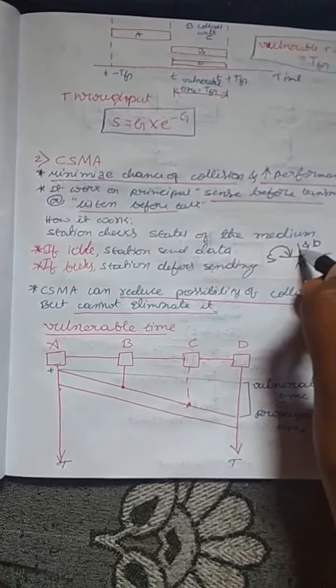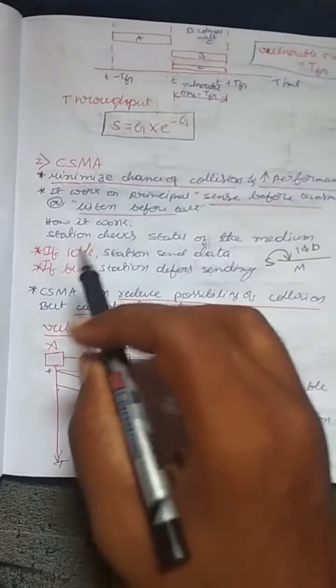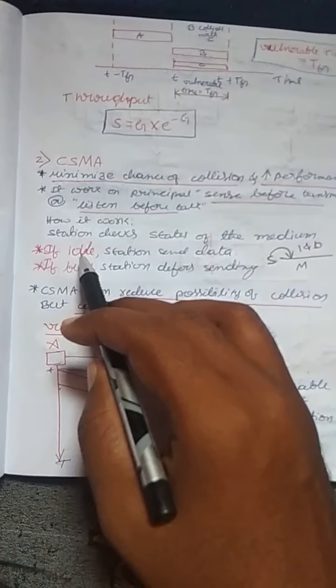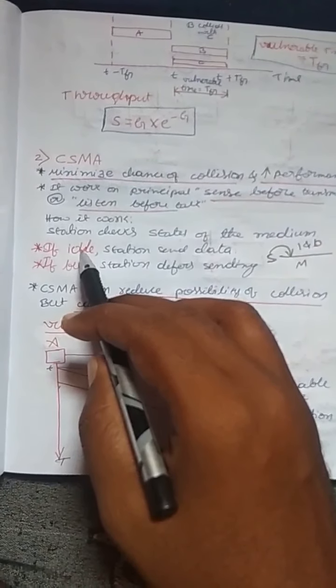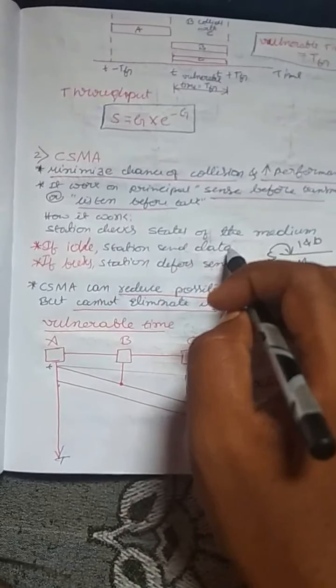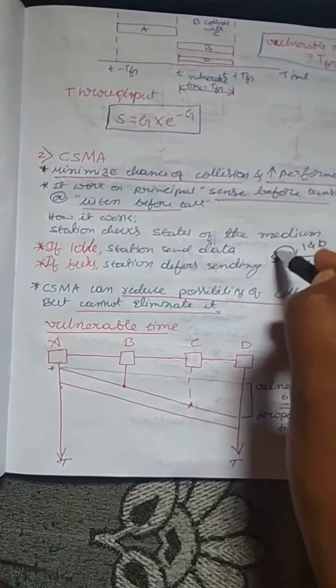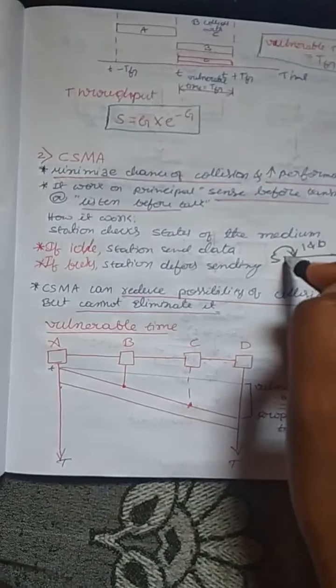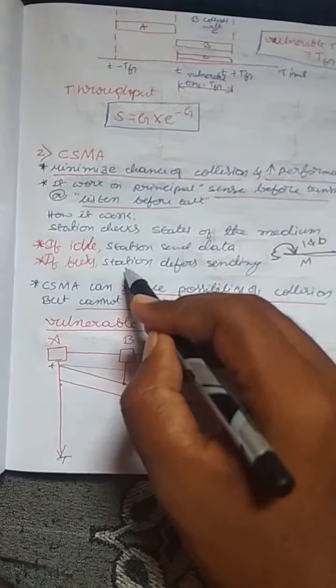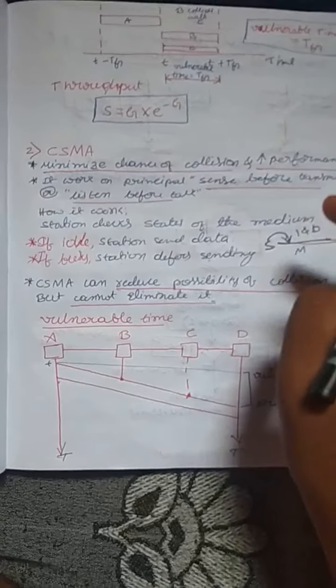Idle means not busy. If the medium is idle, the station sends the data. If the line is busy, the station defers sending, meaning it will not send the data.